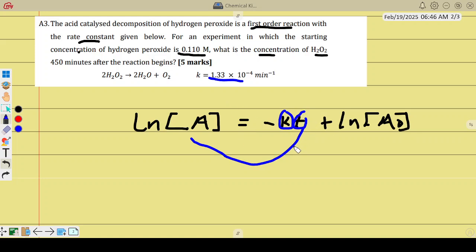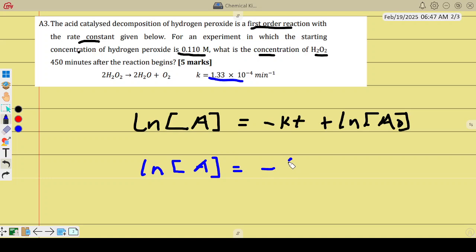So at 450 seconds, what was the concentration? The initial concentration is given, so we just plug in. So ln A is equal to negative, what is our rate constant?